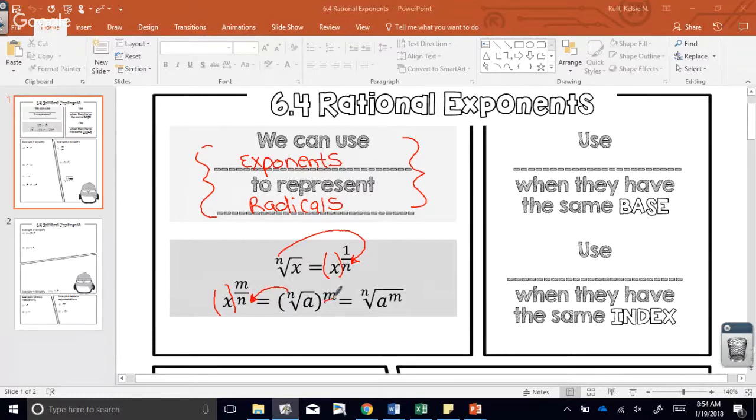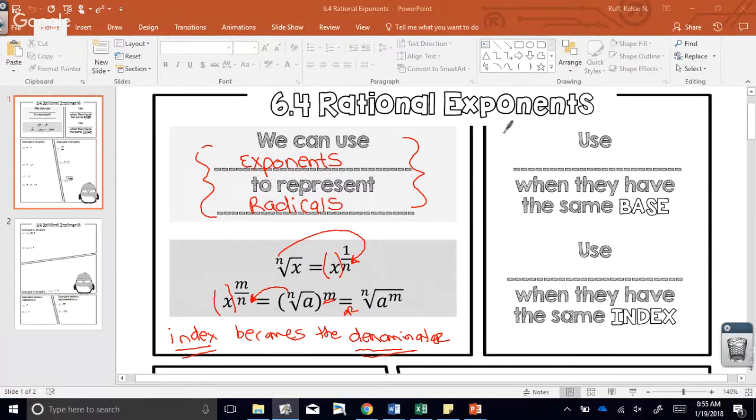Okay, and then the second number, the m, can either be on the outside of the radical or on the inside of the radical. It doesn't matter. Okay, so what I would like you to write at the bottom is that the index becomes the denominator. Okay, so the index becomes the denominator.